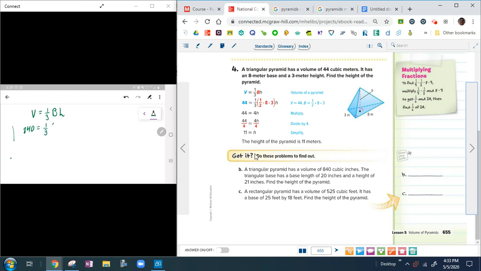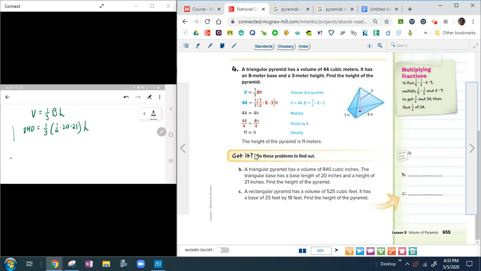Now, what am I replacing big B with? I'm replacing big B with the formula for a triangle, since it says a triangular pyramid. The triangular base has a length of 20 and a height of 21. So that's going to be 1/2 times 20 times 21. And we don't know the height, so that's what we're going to be finding.